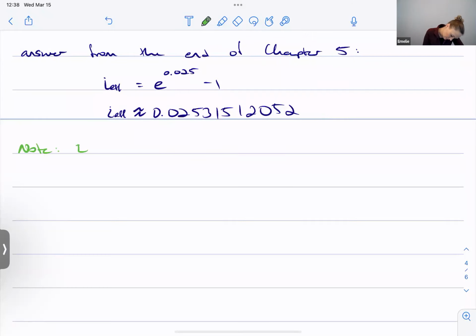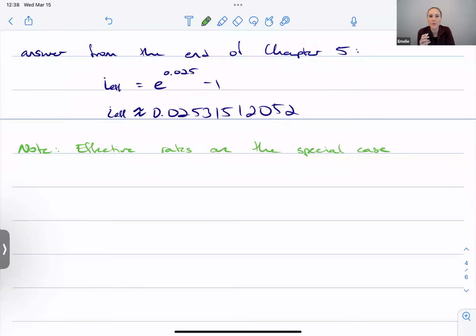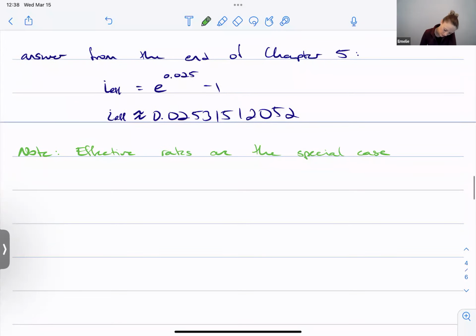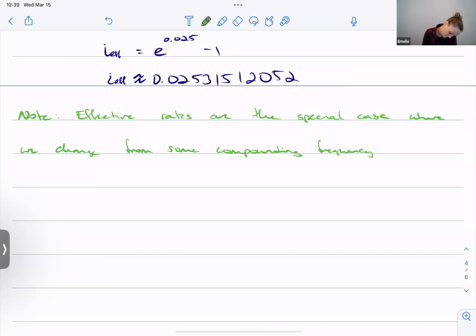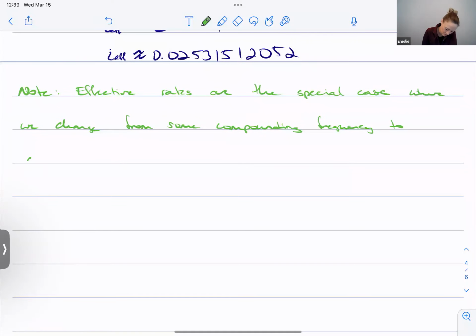Note, effective rates are the special case where we are changing from some compounding frequency to annually compounded.